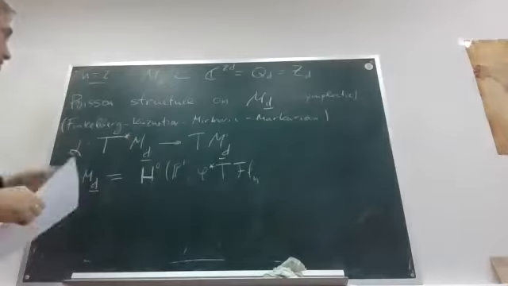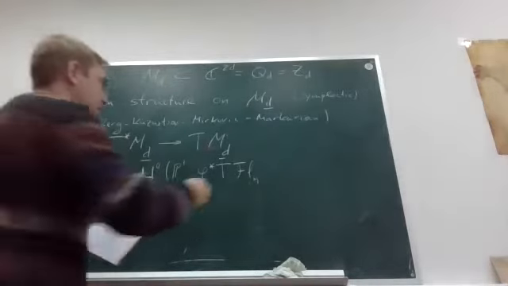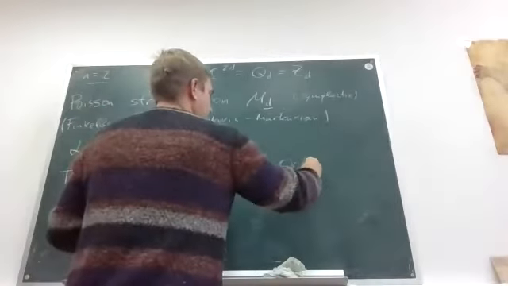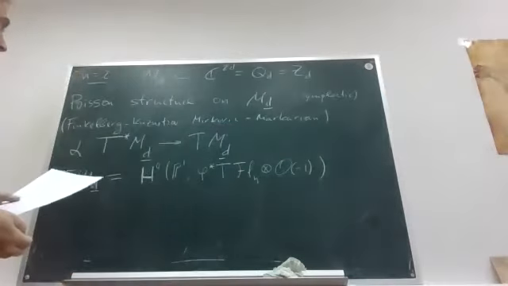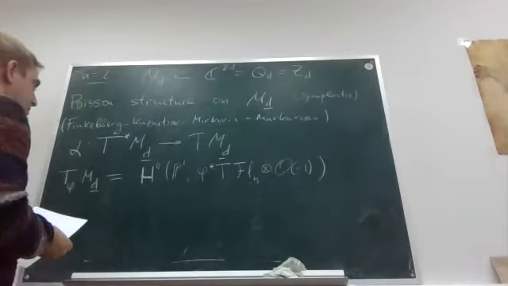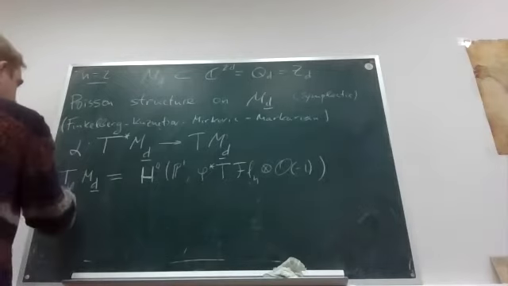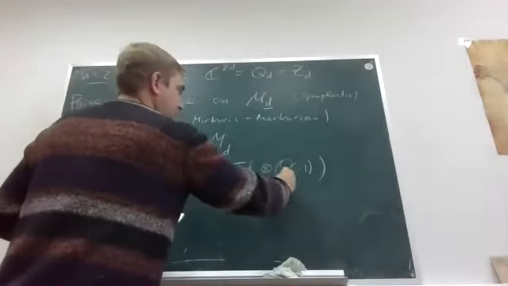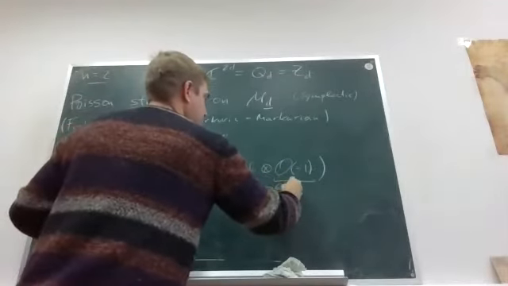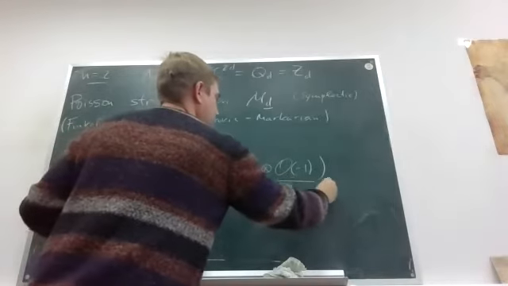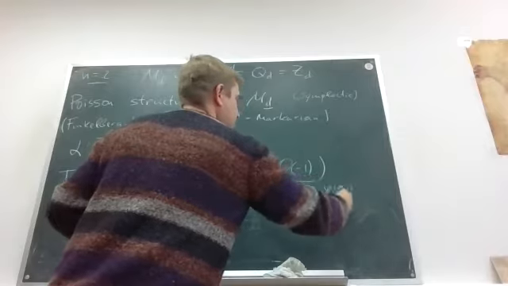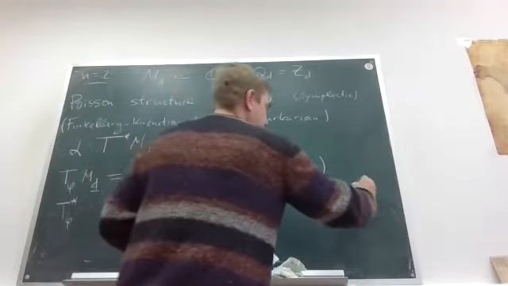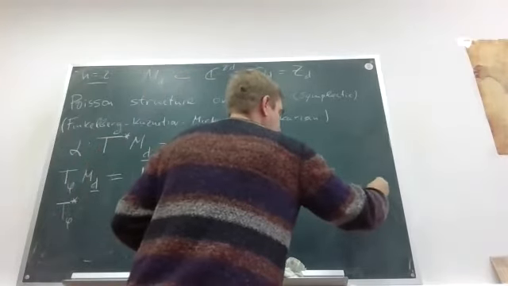But since we are considering based maps, it's twisted by O of minus 1. This is because we require that phi of infinity is something fixed.